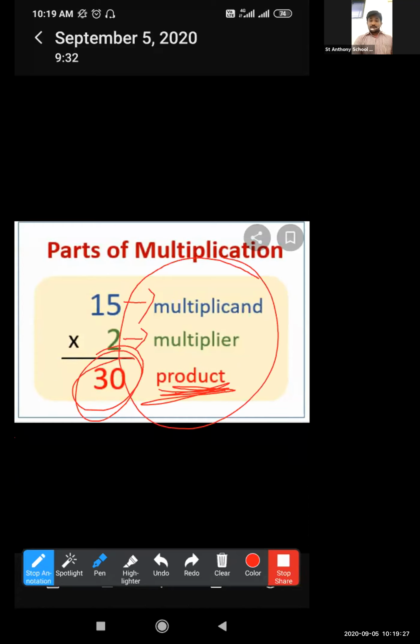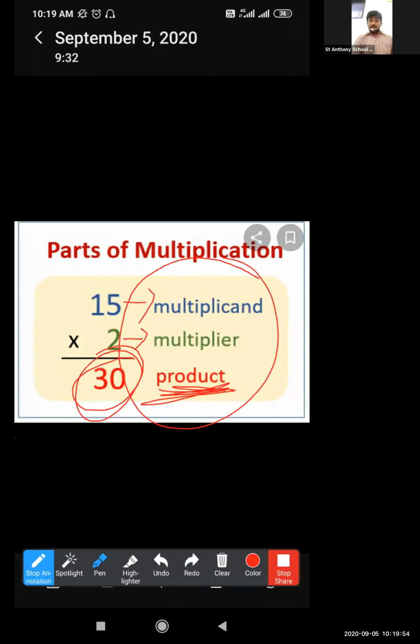Getting my point? The first number is called multiplicand. Below that number, the second number is called multiplier. And the answer we get after multiplying two numbers is called product. So multiplicand, multiplier, and product.